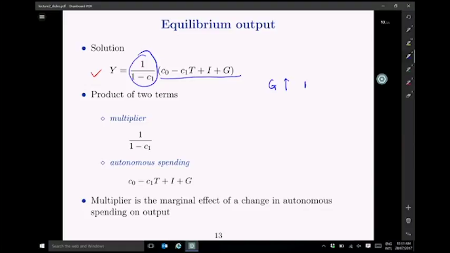By what? By C1 in the first round. And then if consumption increased by C1, that contributes to a C1 unit increase in aggregate output, right? And if aggregate output increased by C1, then consumption will increase again, aggregate output will increase again, and this will go on for many, many rounds.